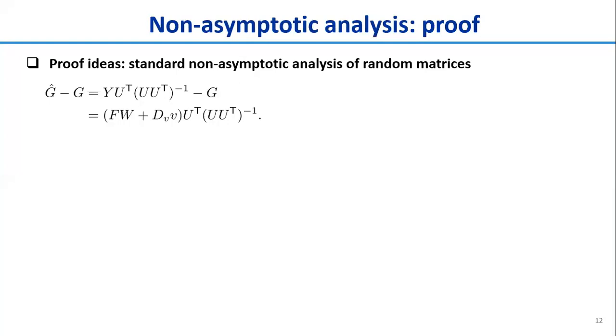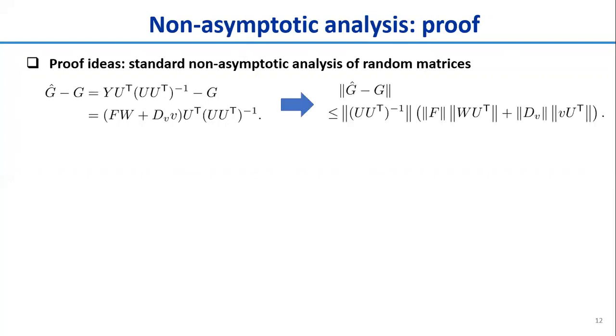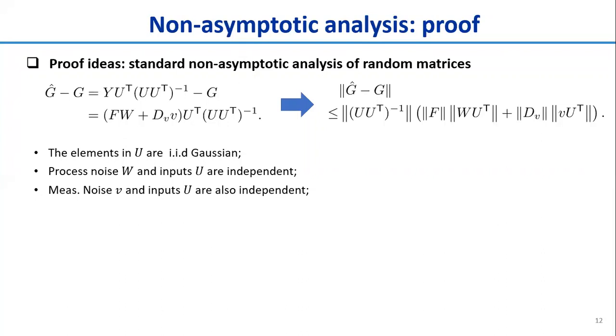And the proof of the result is not very hard. It follows from the standard non-asymptotic analysis of random matrices. First, it's very easy to see the error term can be written as follows, and from the standard norm inequality, we have this upper bound. Since the elements in U are IID Gaussian, the process noise W and input U are independent of each other, and also the measurement noise V and input U are independent of each other.